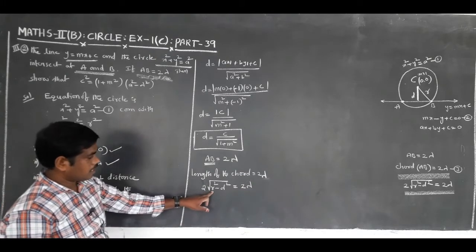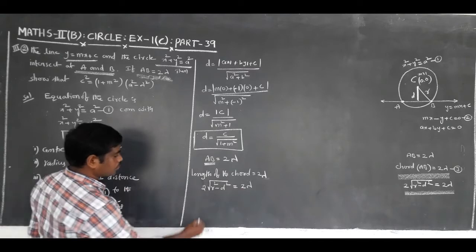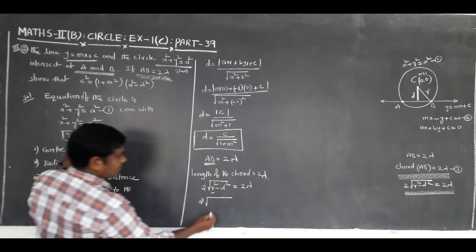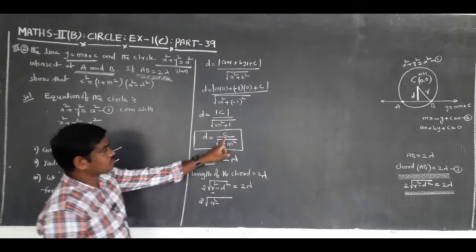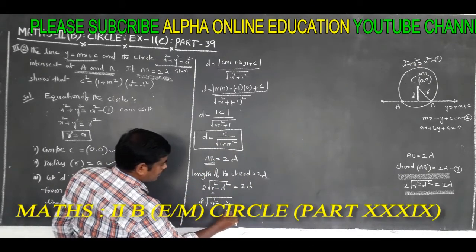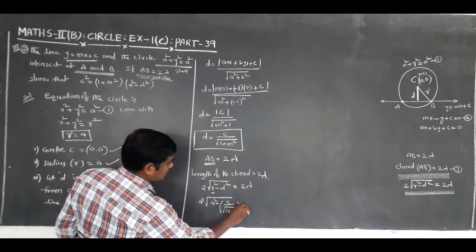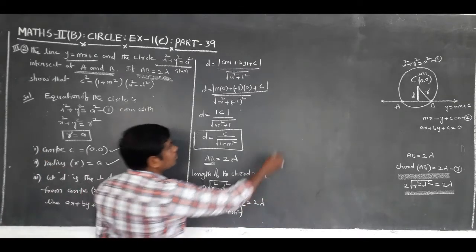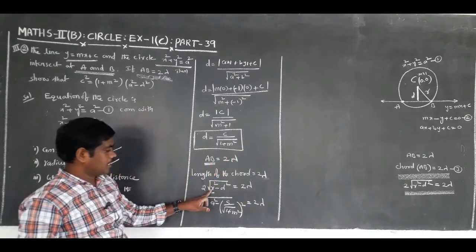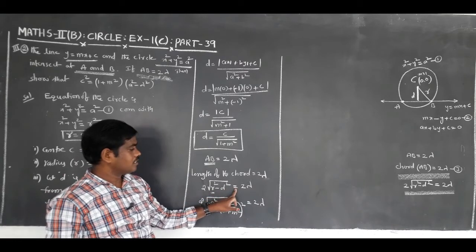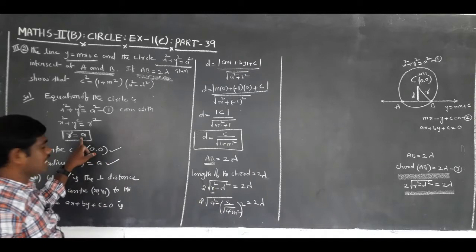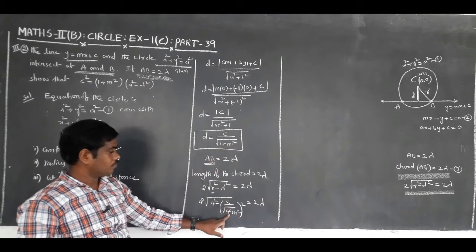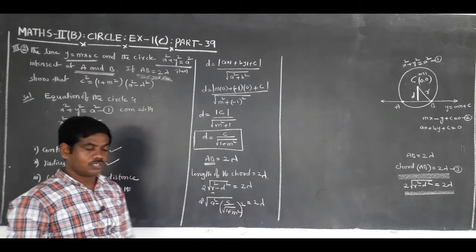Here r square is a square, and d is c by under root of 1 plus m square, whole square, is equal to 2 lambda.